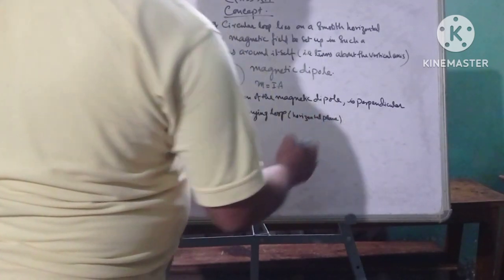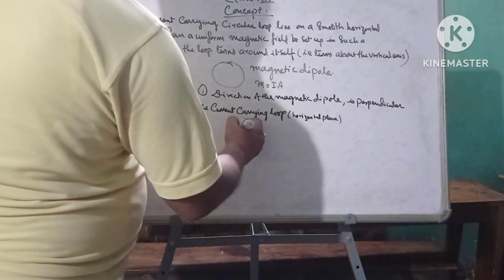So the direction of the magnetic dipole will be vertical.